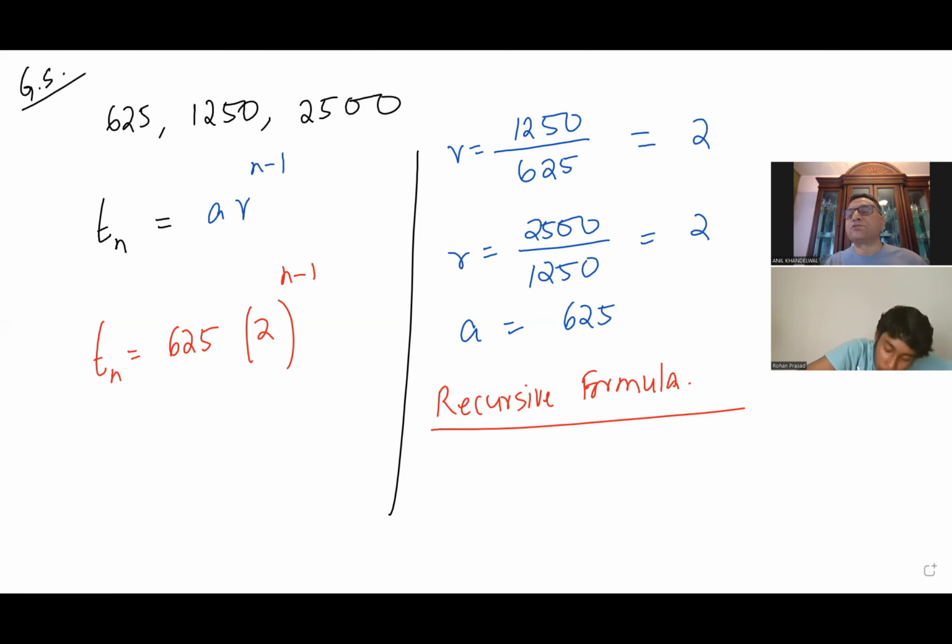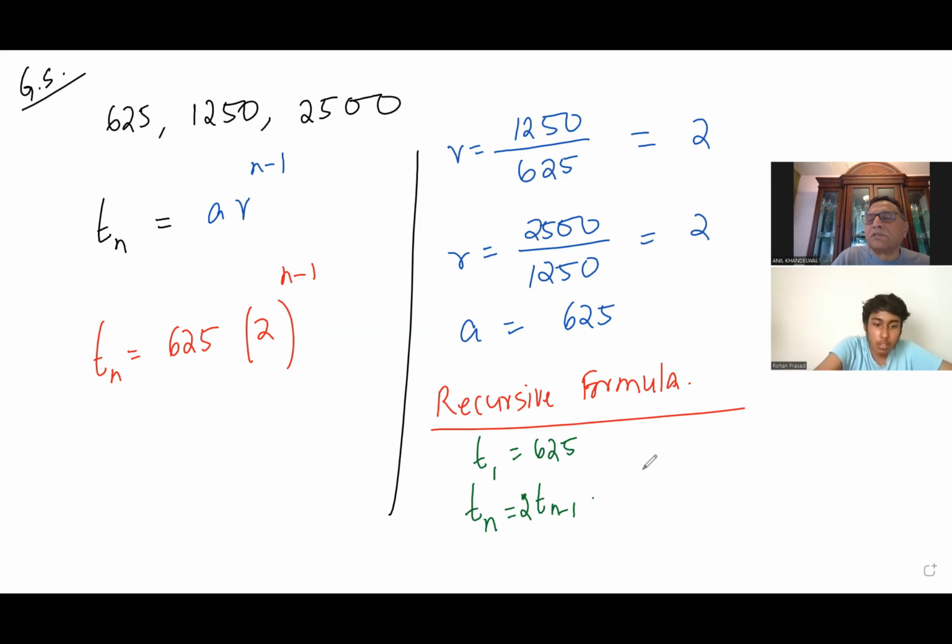Recursive formula relates to the previous term, right? So we could write that T1 is equal to 625, and Tn is equal to T of n minus 1 times 2, or 2 times Tn minus 1. Is that clear to you?